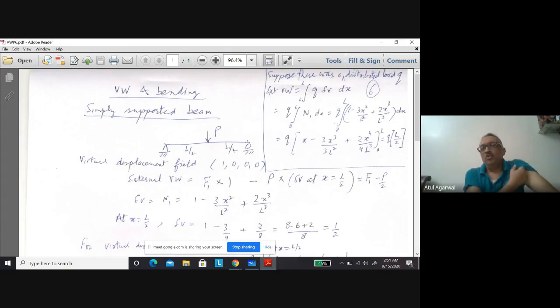Okay. So we want to find the force vector. How do we find the force vector? We first assume a virtual displacement like this. So what is the external virtual work? It is the work done by the forces applied on this beam. So that is F1 into 1, whatever the external force is here, because of the support there is a force coming, F1 into 1.